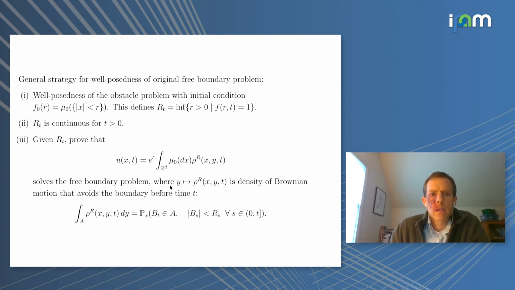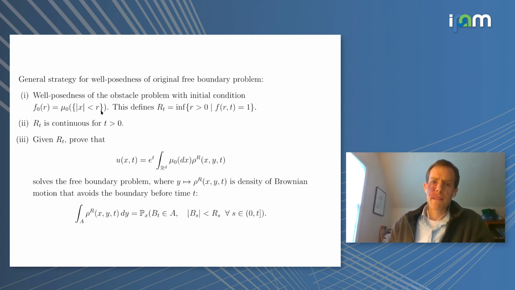All right, so the general strategy for proving well-posedness of the original free boundary problem is to first look at the obstacle problem. We prove well-posedness for the obstacle problem with initial condition being just the radial distribution function for this probability measure mu naught. And this defines R of t, which is the boundary of the contact set for f.